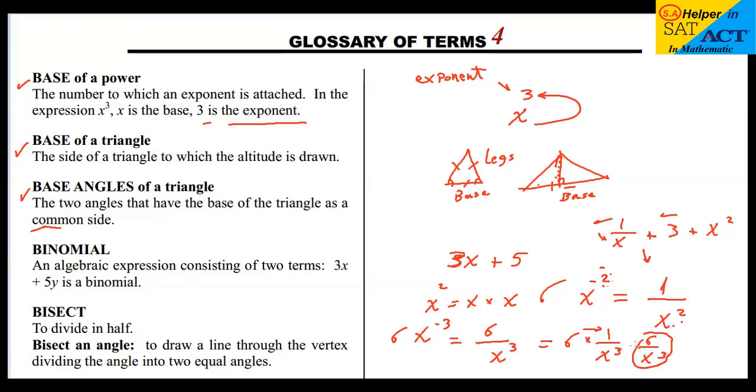No, because we have the power of x is negative and x may be right in the denominator. If the variable is in the denominator, so this is not binomial.